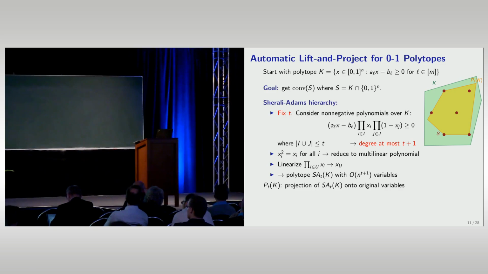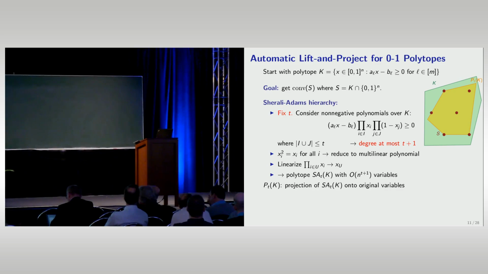Now, if you want it to be not in too high dimensional space, you'd like not too many monomials. So what you're going to do is you're going to bound the degree of the polynomials you use so that you don't get too many variables. Now, if you do that, you get a polytope in high dimension, which has n to the t plus 1 variables. It seems a lot, but at least if t is 10, let's say, you get a polynomial number of variables. And you can project it onto the singletons and get a tighter relaxation.